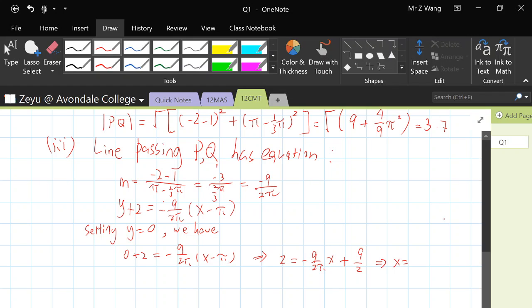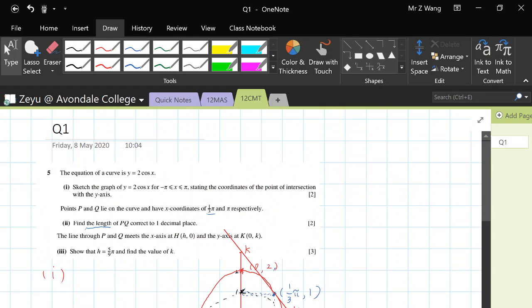So x equals 5/9 pi. So it shows H equals 5/9 pi.